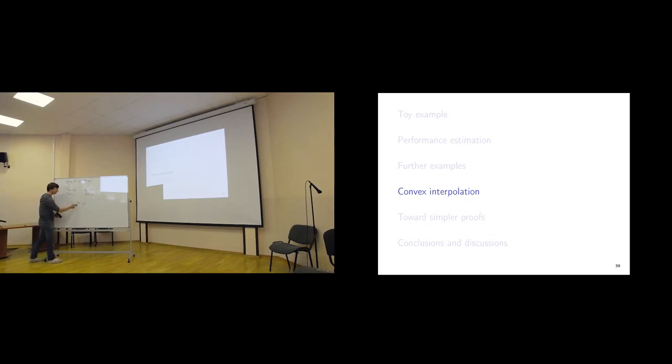Here they will say, okay, I will not consider only this distance, I will consider a family of problems. For example, I could say it's alpha times distance, plus beta times gradient norm, plus gamma times function values.